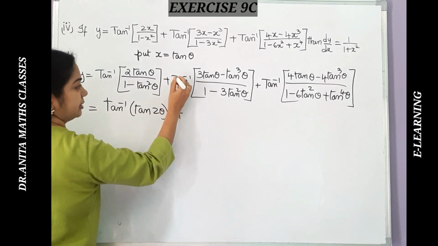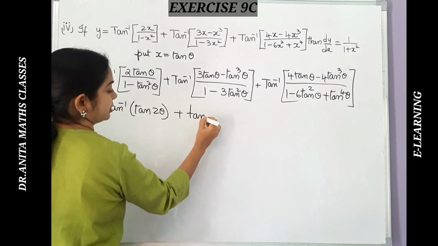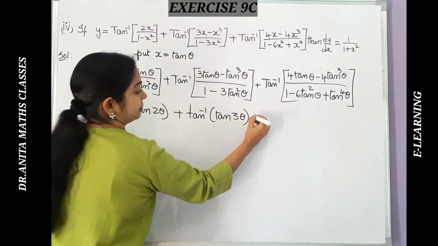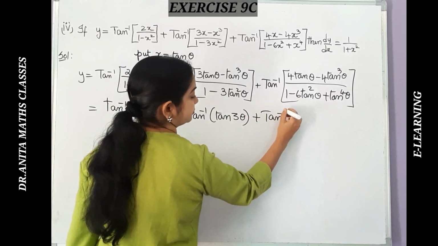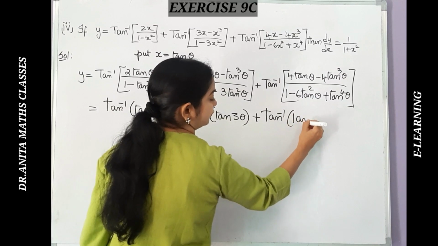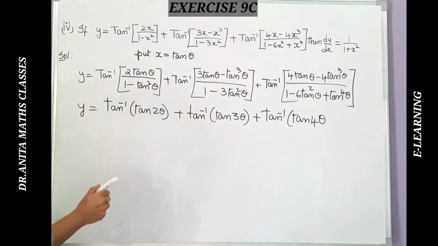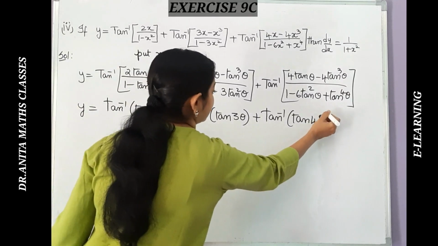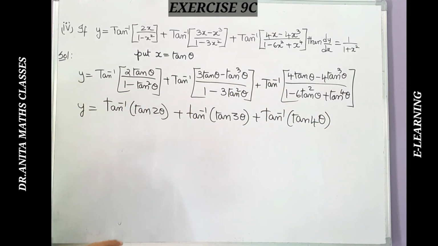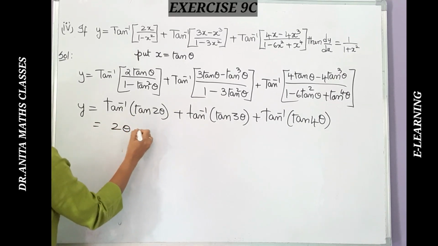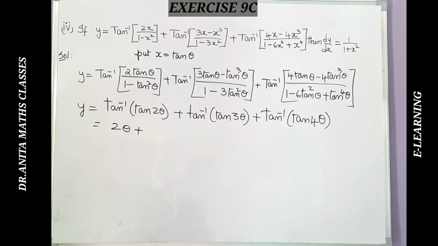Right. Similar way, this can be reduced to tan inverse of tan 3 theta formula plus tan inverse of tan 4 theta. Okay. Still we are not doing the derivative, but just substituting into the trigonometric ratio formula. Tan inverse tan goes off. Simply we get 2 theta plus, here let me check in the textbook, all are plus, just this part is minus.